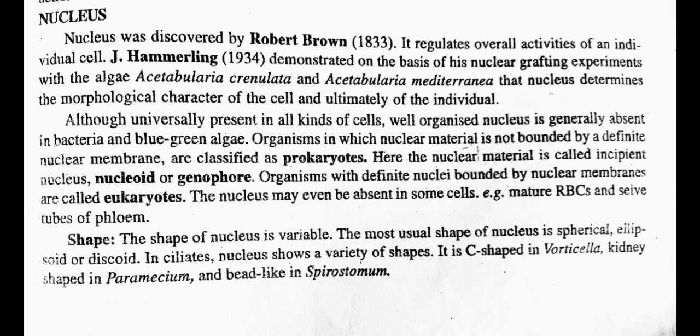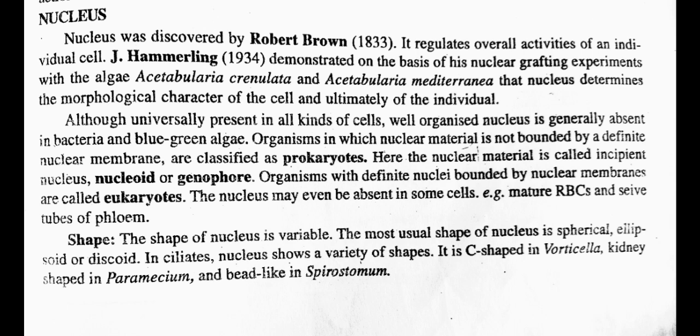Shape. When we study shape, the shape of the nucleus is variable. The most usual shape of nucleus is spherical. It is spherical in shape or oval in structure, ellipsoid or discoid in ciliates. The nucleus shows a variety of shapes.